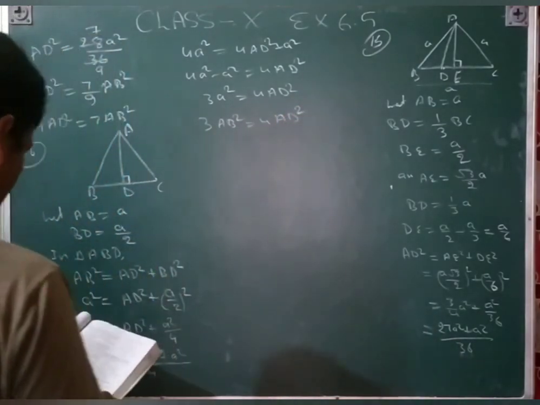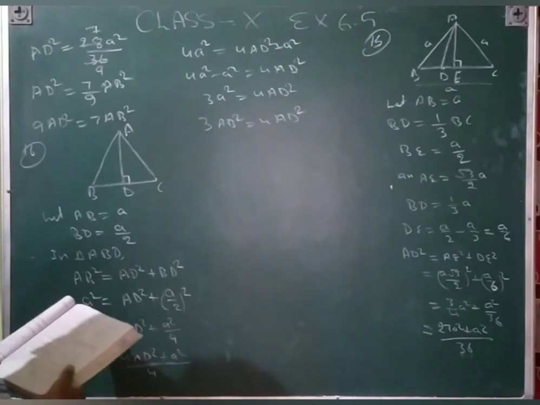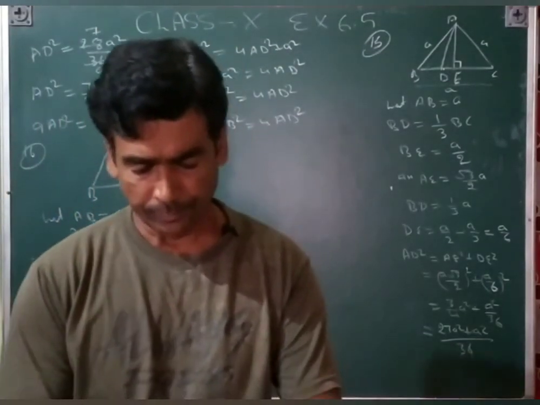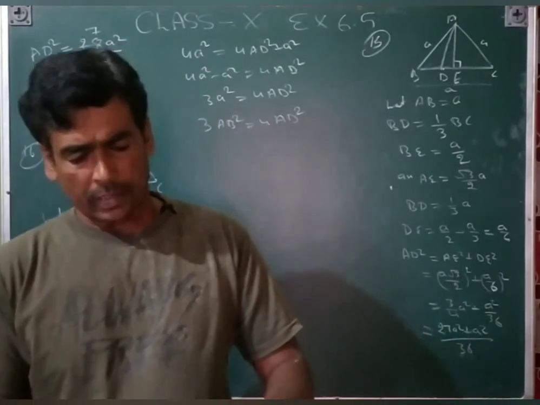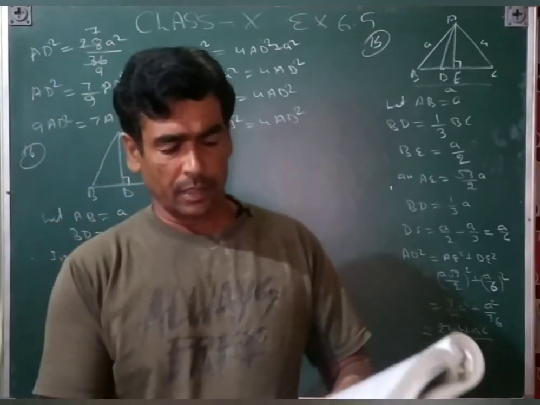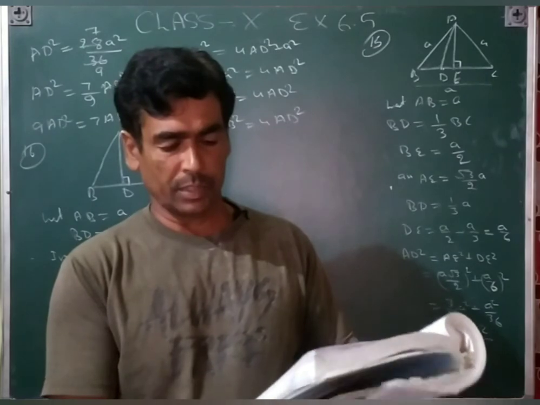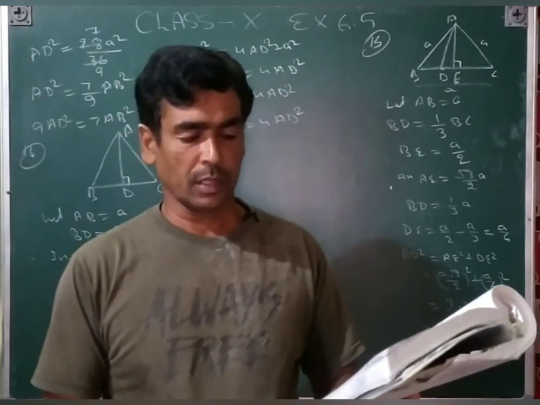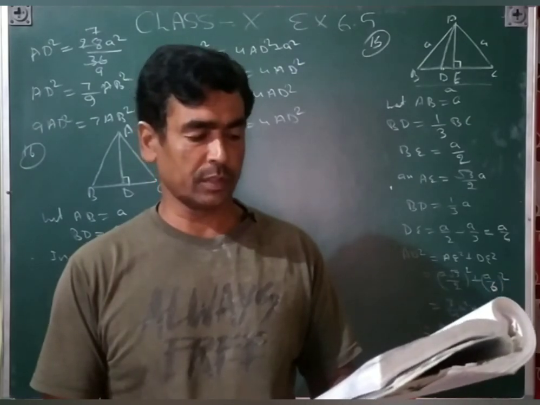Now question number 17. Take the correct answer and justify. In triangle ABC, AB is equal to 6 under root 3, AC is equal to 12, BC is equal to 6.